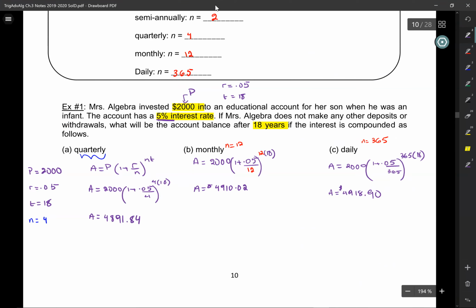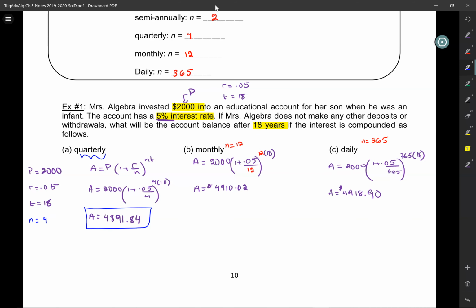Okay, so take a look at what happened here. In one case, we were getting paid quarterly, 4 times a year. We're making $4,891, right? At the end of 18 years, that's how much money I was going to have. Then I found another account which gives me interest every single day. So you think, oh my God, you're going to be a millionaire in 18 years.